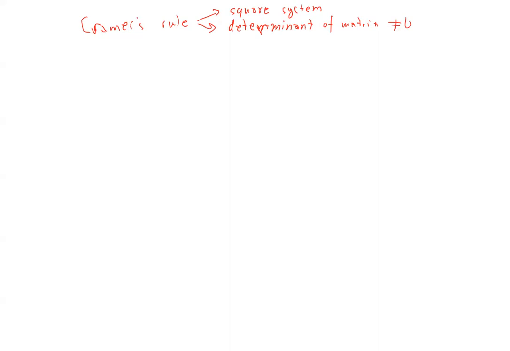If these two things are true, then you're in good shape. Again, you will never use this for a 4x4 system. For a 3x3 system it is fine. How does it work? Let me give it to you for a 3x3.